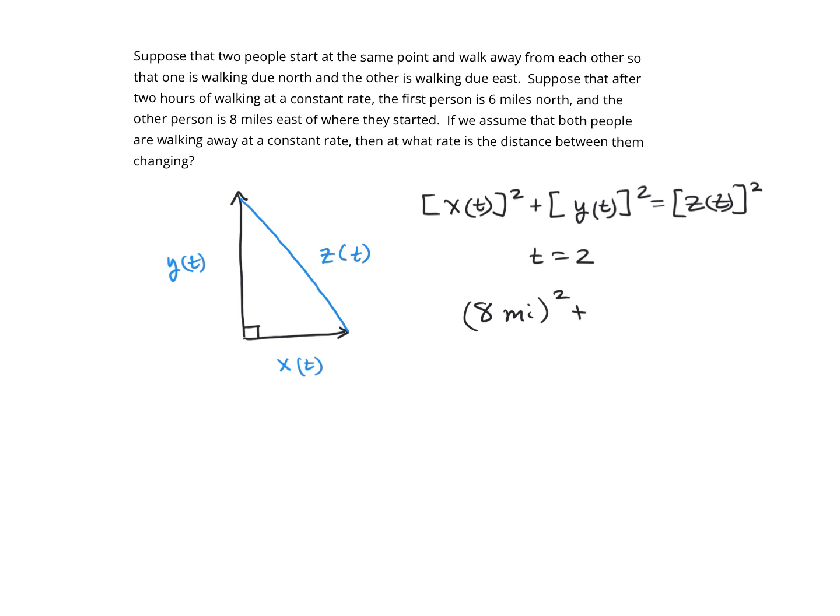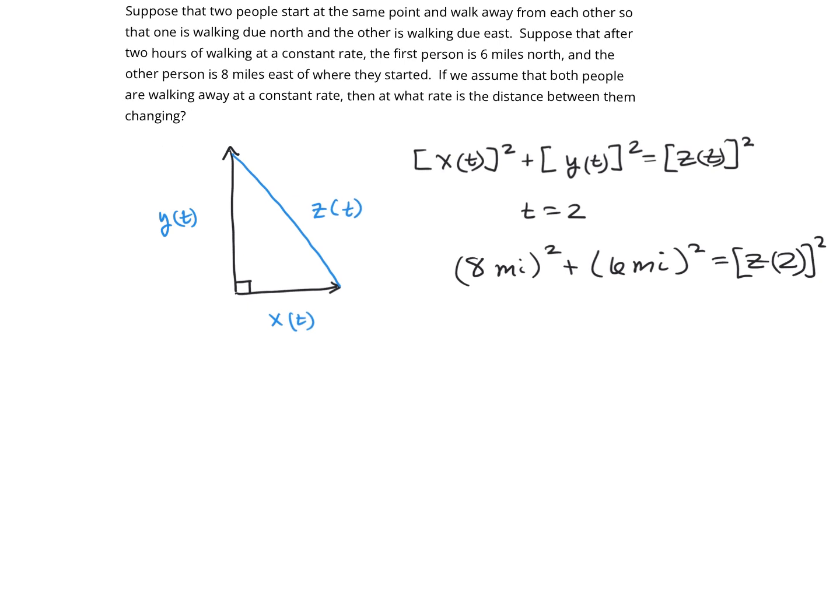And then our distance north is going to be 6 miles. And again, our distance between them, we don't know. So we're just going to call that z of 2. And again, that is squared.